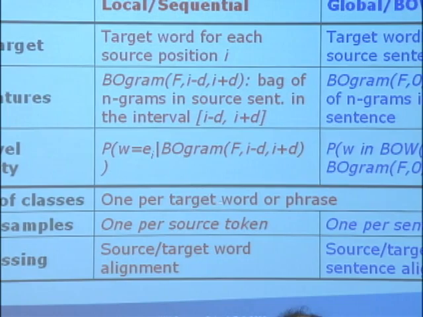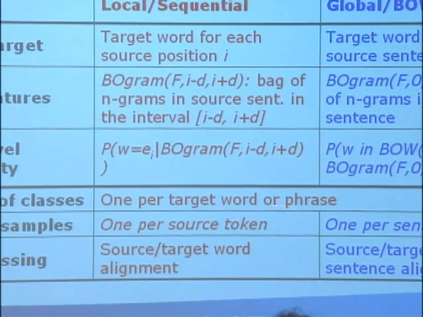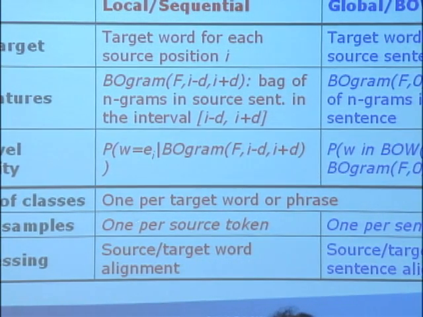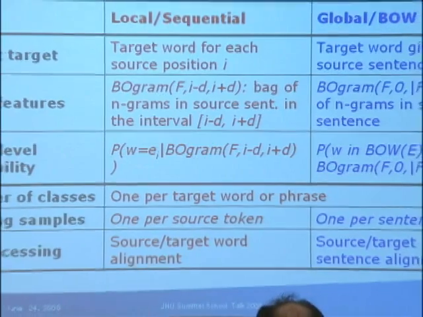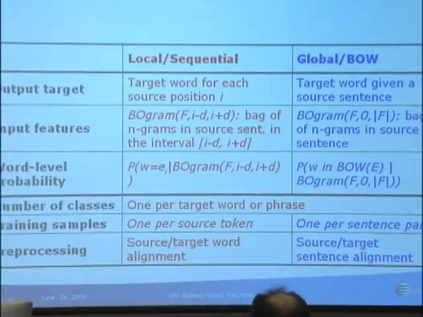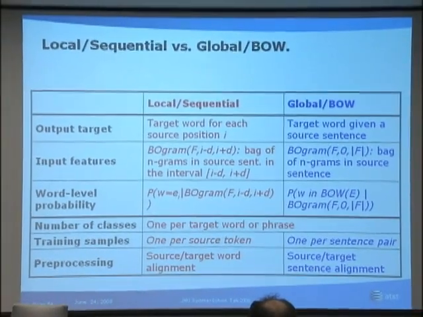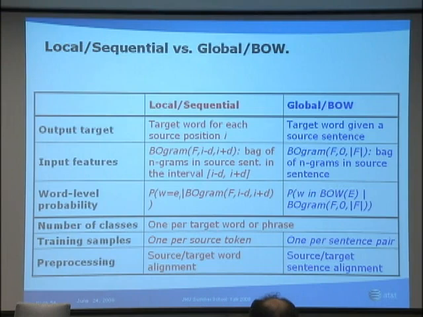For the number of classes, there is one per target word or phrase. And for the training examples, there is one per sentence pair, meaning there is a positive or a negative for that particular word or classifier. In the other case, it is one per source token. For every position in the source sentence, you have a classifier. Those are some of the distinctions.